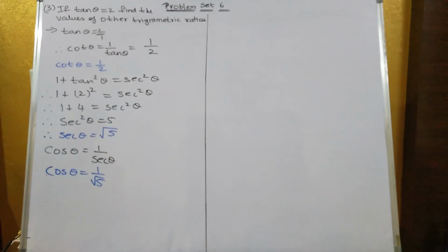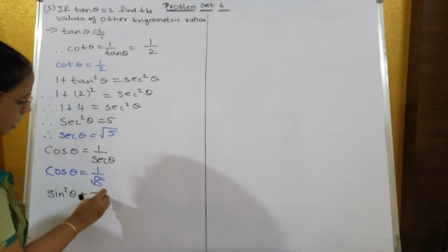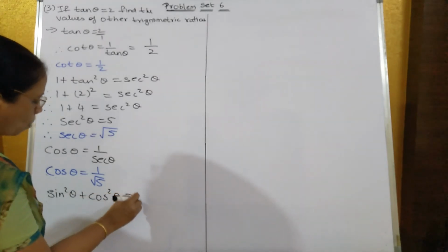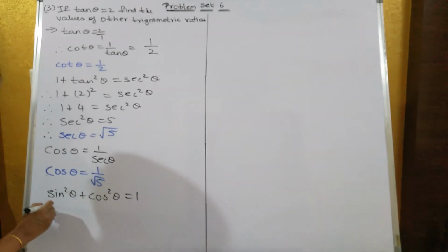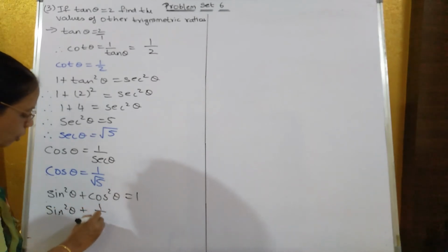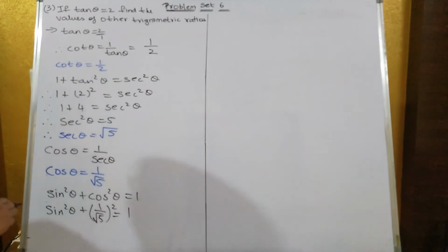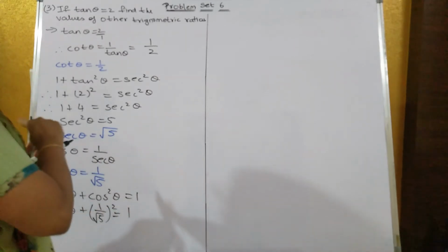Now we have to find out sin theta. So we know that sin square theta plus cos square theta is equal to 1. Put the value of cos theta. So sin square theta plus 1 upon root 5 the whole square is equal to 1. Now open the bracket. So what you will get?